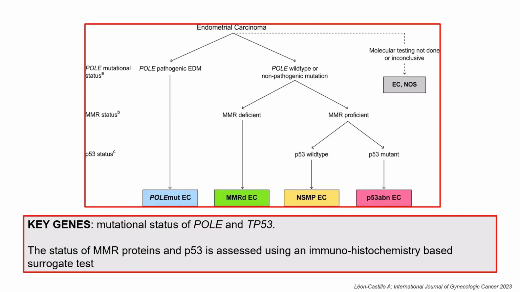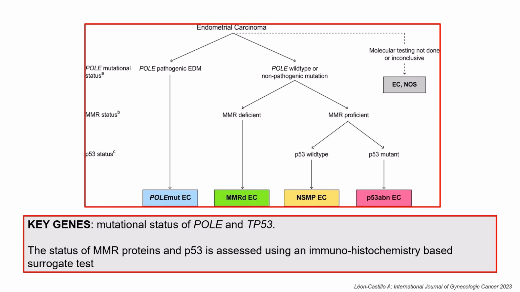In the molecular classification of endometrial cancer, key genes include POLE and TP53, which play crucial roles in tumor biology and prognosis. POLE mutations are associated with the ultramutated subtype of endometrial cancer. POLE mutations lead to a high mutational burden due to impaired proofreading during DNA replication, resulting in a favorable prognosis and potential responsiveness to immunotherapy.